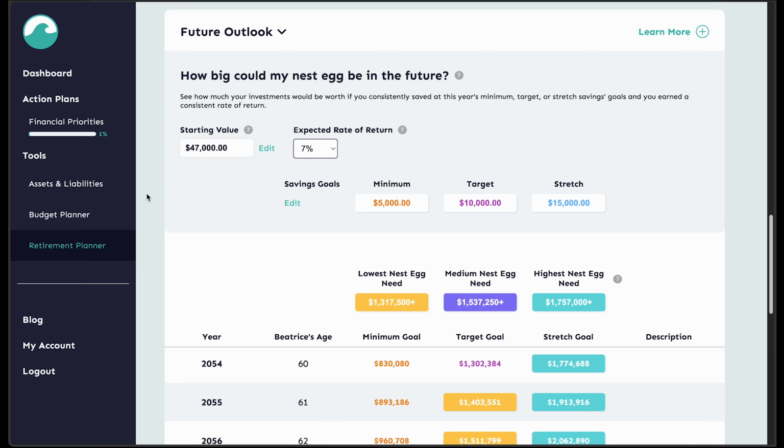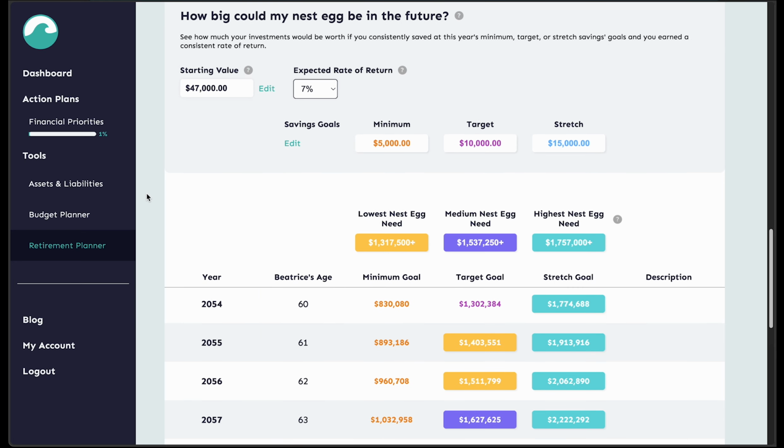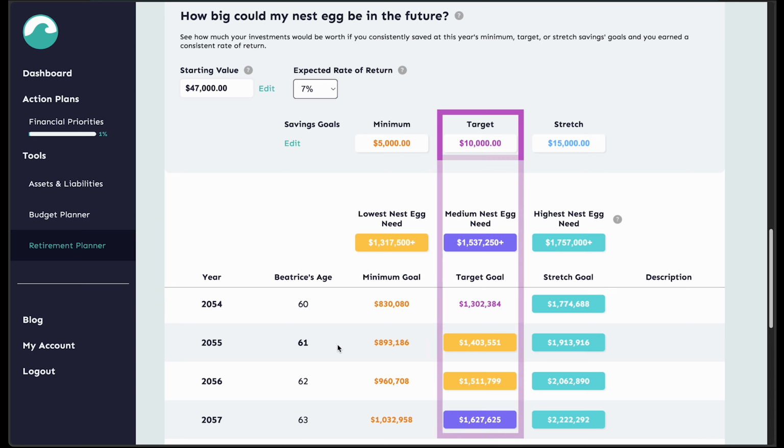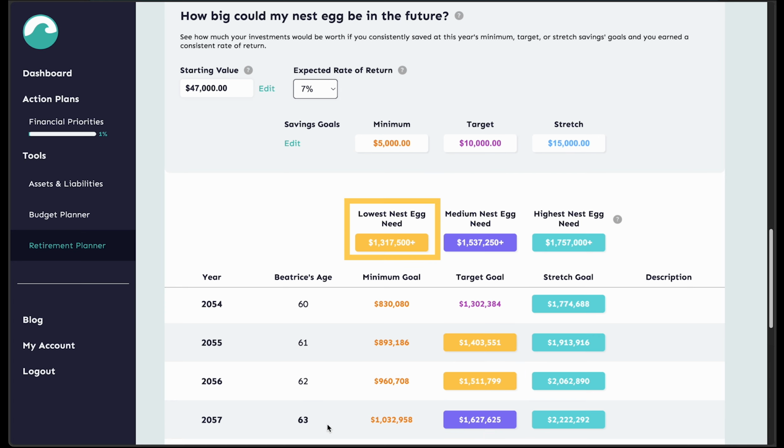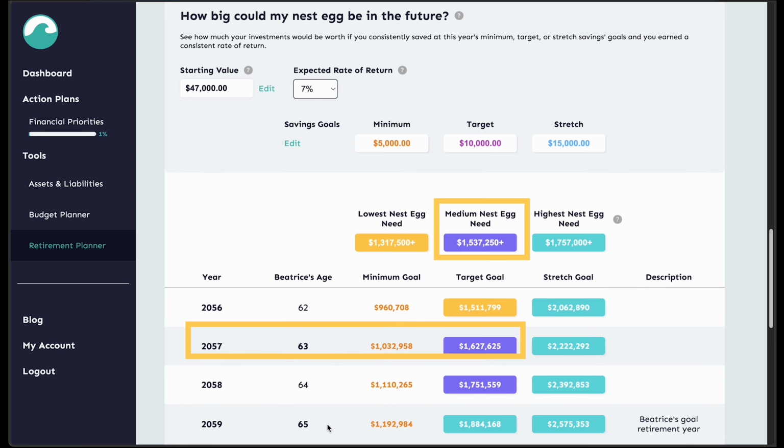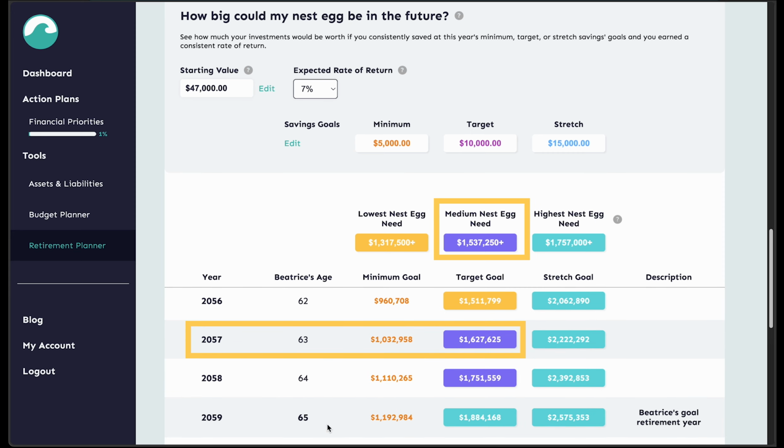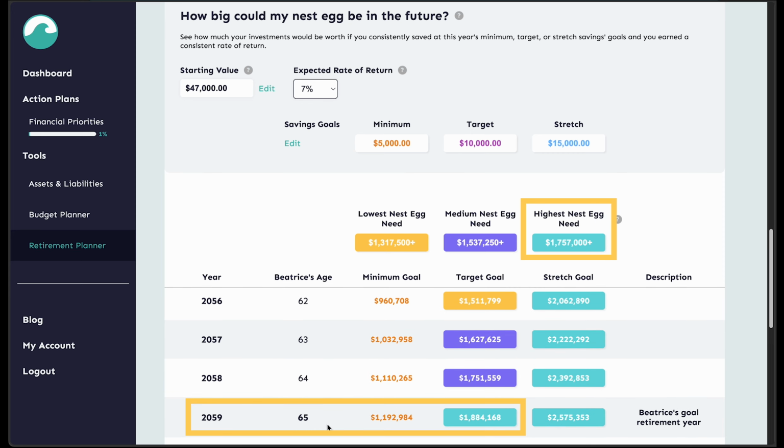Secondly, at its most simple, this chart is telling you this. If you saved at a given savings number every year from now until retirement, you could retire at this age. Let's give an example. If this person, Beatrice, saved at her current target savings number of $10,000 a year, every year from now on, she would hit her lowest nest egg need number by 61, her medium nest egg need number by 63, and her highest nest egg need number by 65.